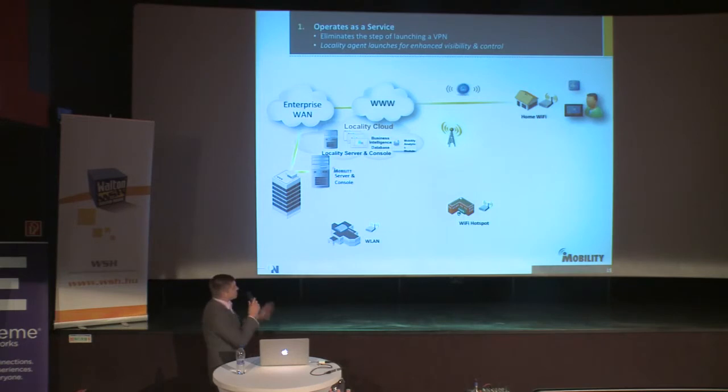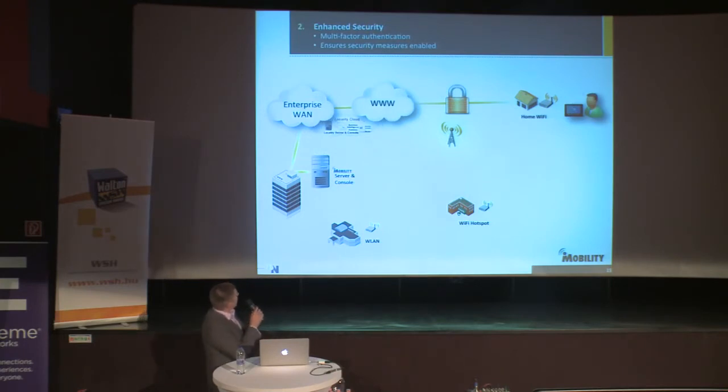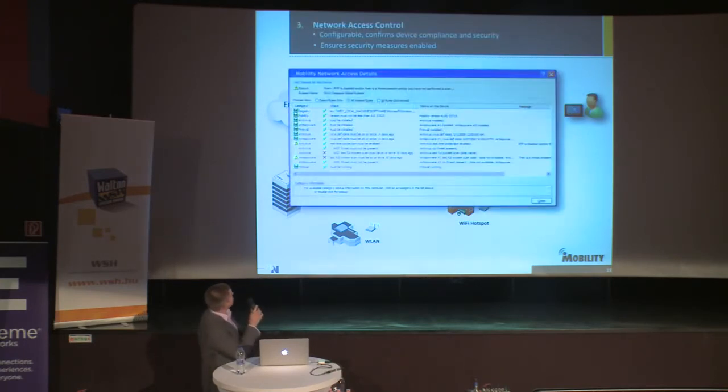Now Locality, which is the second product that I will tell a few sentences about, provides visibility of where you exactly are at the moment on the map and whether you are connected. So let's say you have now an agent which makes the connection secure.